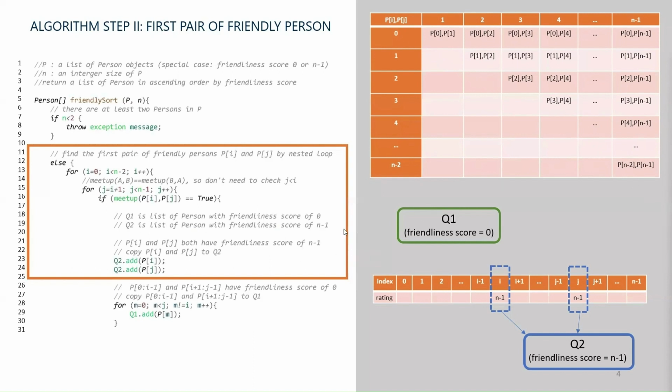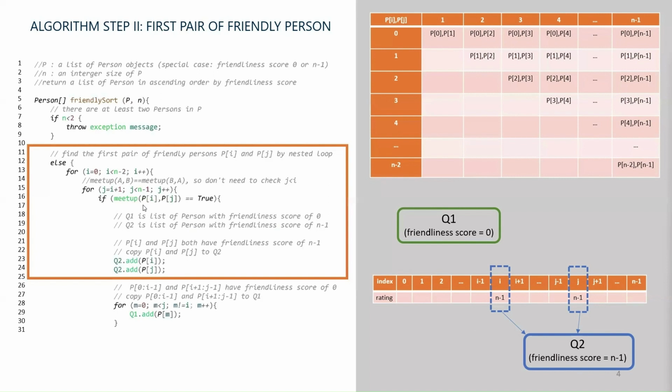Now we introduce Q1 and Q2. Both Q1 and Q2 are lists of person objects. Eventually, we will copy all persons with friendliness score 0 to Q1 and all persons with friendliness score n-1 to Q2.